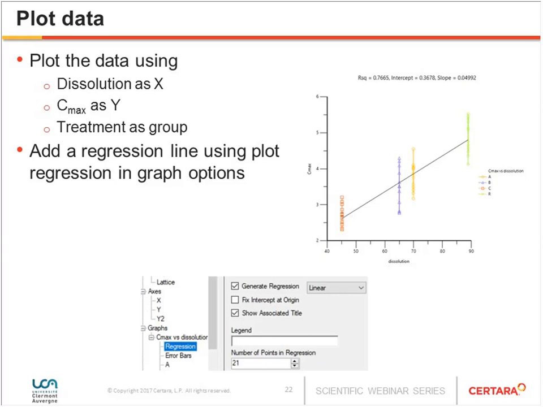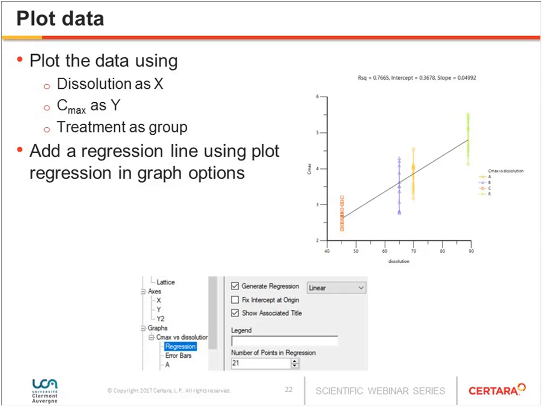This straight line which corresponds to the relationship, I can have it in my plot options. In my plot options, you can see that I have graph. Under graph, I have Cmax versus dissolution. Then I have error bars, A, B, C, which are all the treatments, but I have a first line, which is regression. And if I click on it, I have a panel in which I can generate the regression.